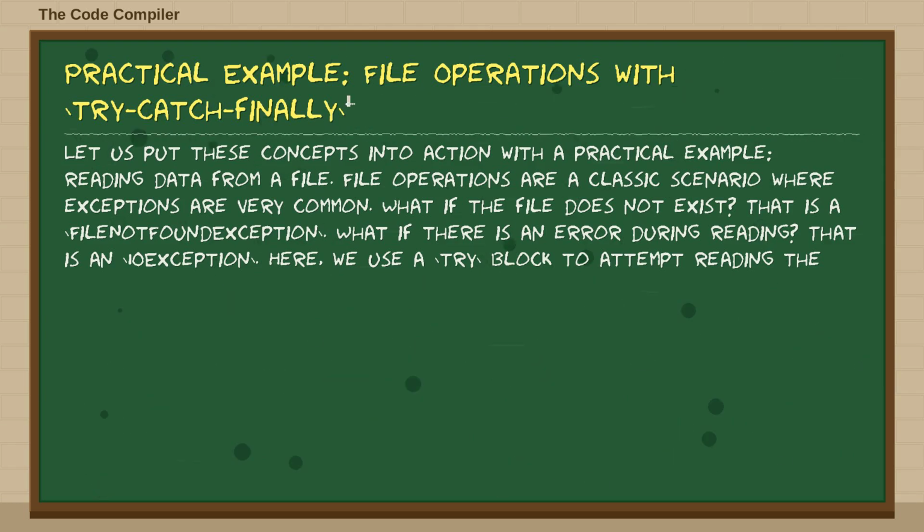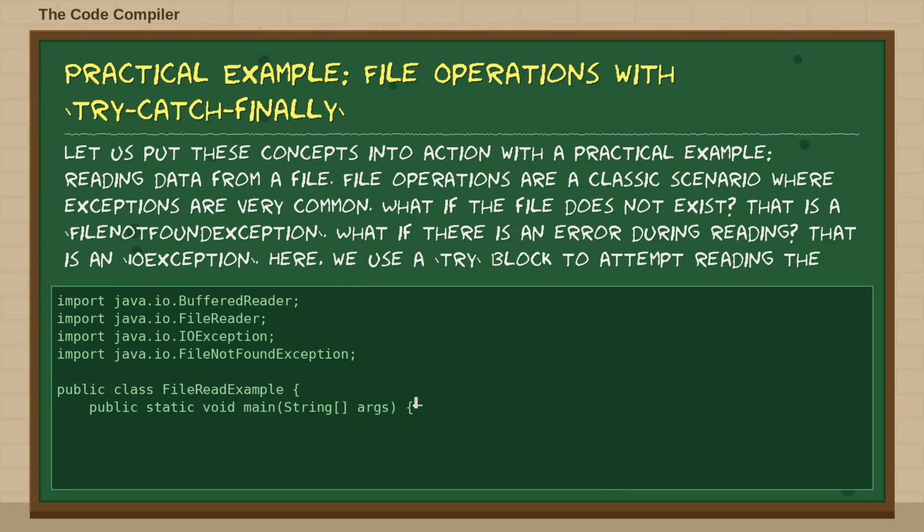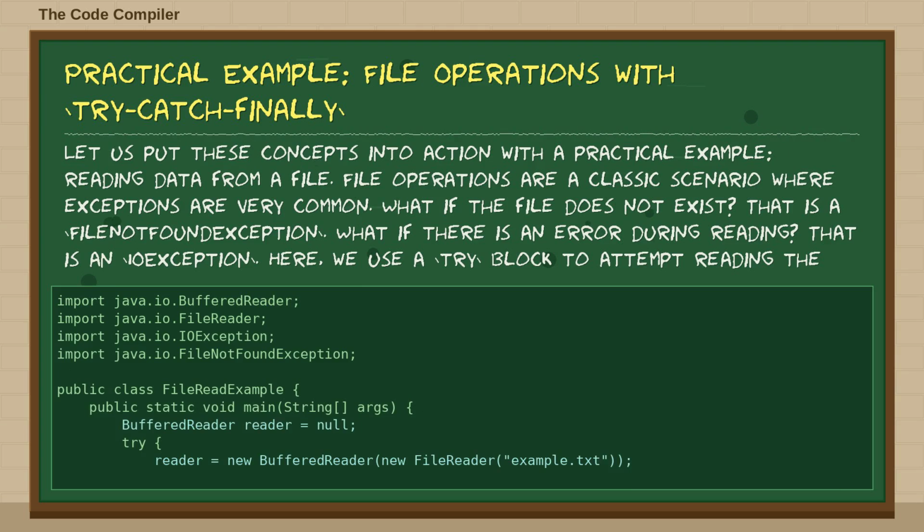Finally, the finally block ensures that our file reader is closed, even if an error occurred during reading. This is crucial to prevent resource leaks. This structure makes our file reading code much more robust and reliable. Observe the code carefully, and you will see how each part plays its role.